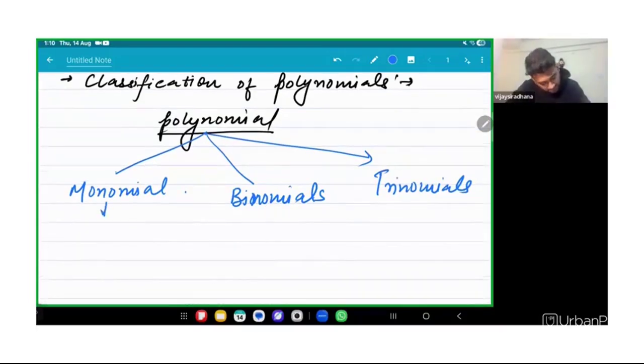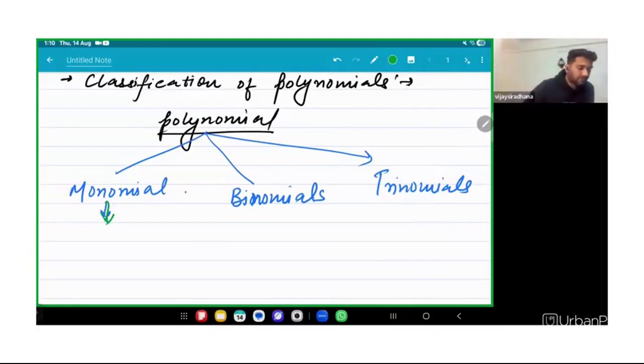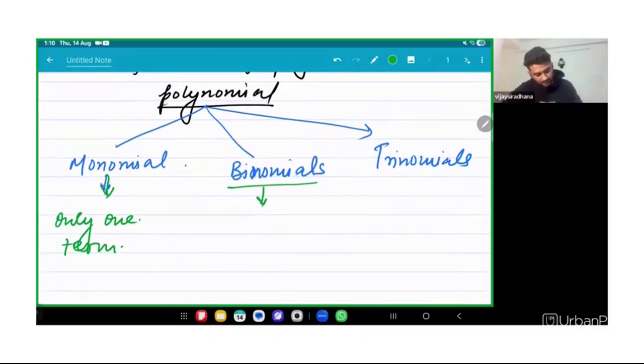Let's check. Students, a monomial is something where only one term is available. Monomial is something where there is only one term. What about the binomial? Binomial is something where two terms are present.